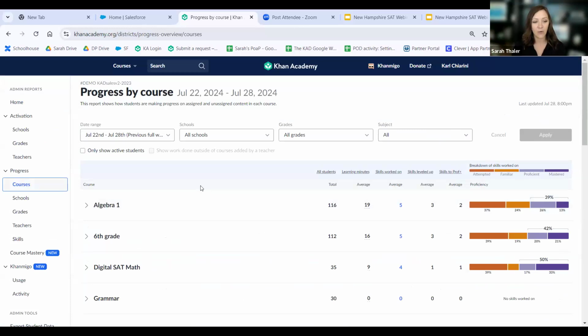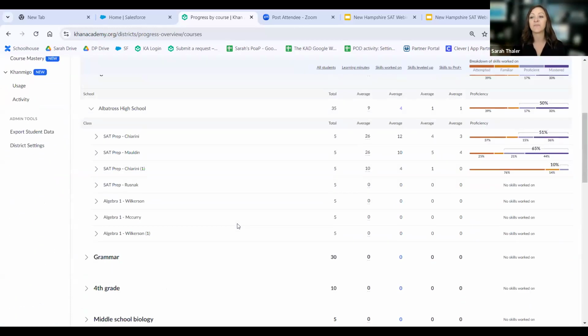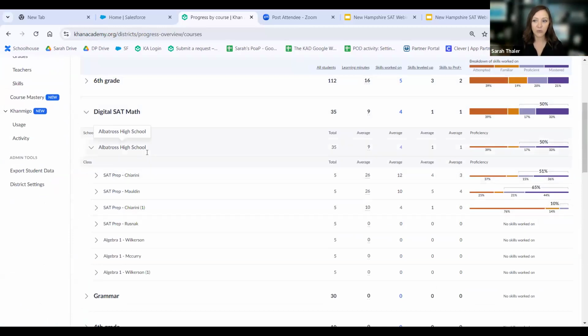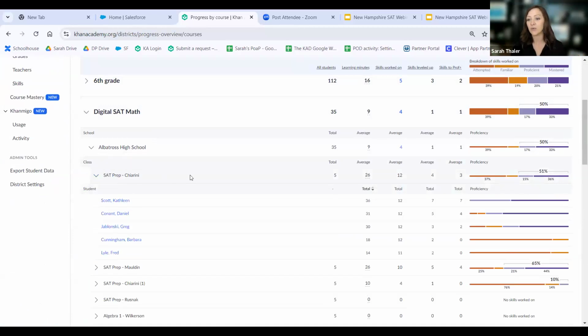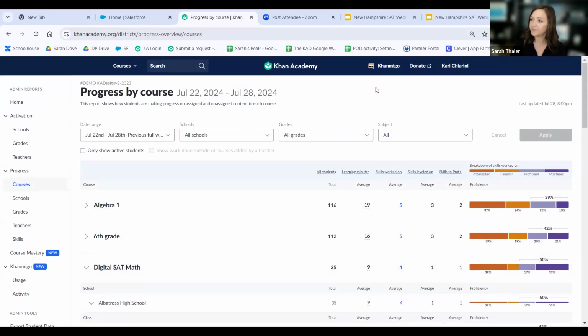So if I really want to know how my students are doing in that digital SAT math course, I can drill down to my specific schools. I can look at each SAT prep class in that school, and I can look at all of my students and how they're progressing. So again, really a lot of robust information for administrators as well, so they can track how things are going within their classrooms.